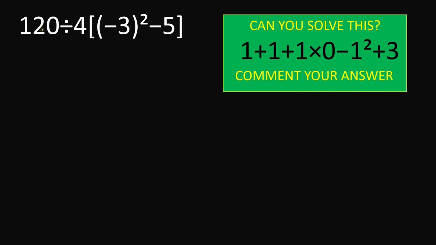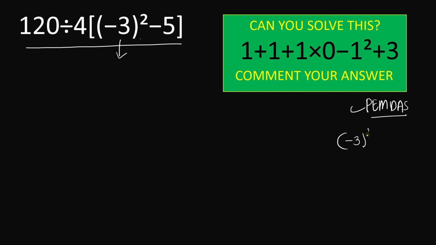Our question is 120 divided by 4 times (negative 3) squared minus 5. So this is the value and we will follow the order of operations. First we have to solve the parenthesis part, which is (negative 3) squared. And (negative 3) squared is nothing but negative 3 times negative 3, which is 9.